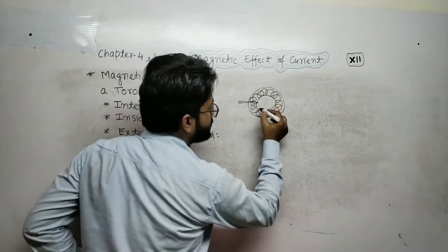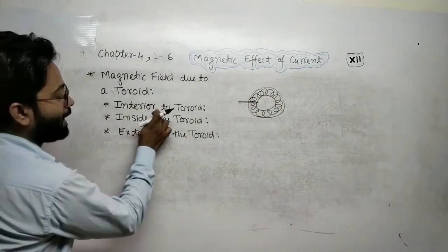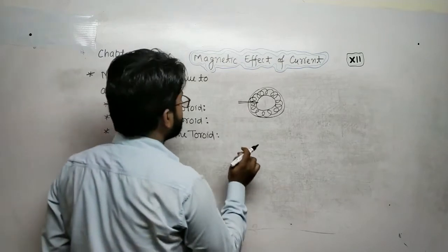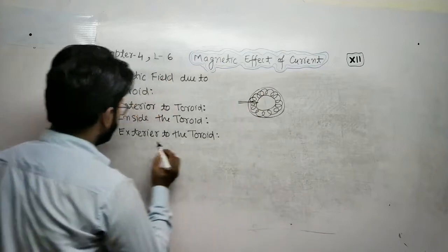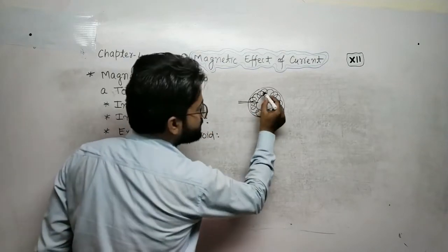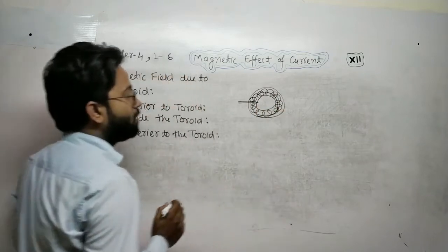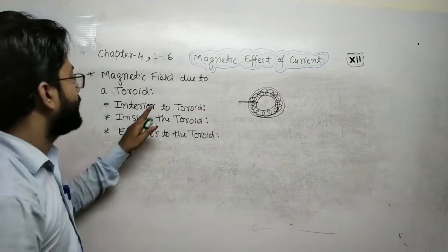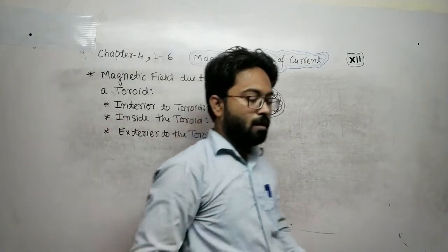This empty space is called the interior of the toroid, and this outer space is known as the exterior to the toroid. In between is the inside of the toroid, and we have to calculate the magnetic field at these 3 points due to this toroid. Okay, hope you are getting it.